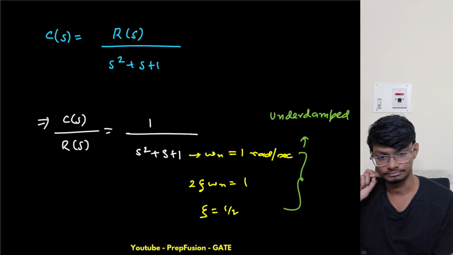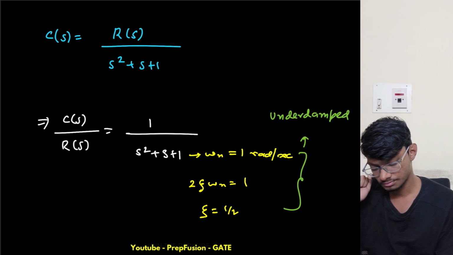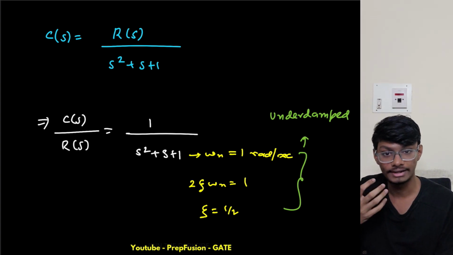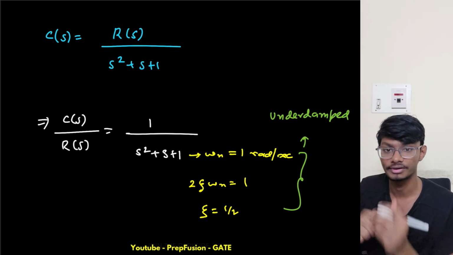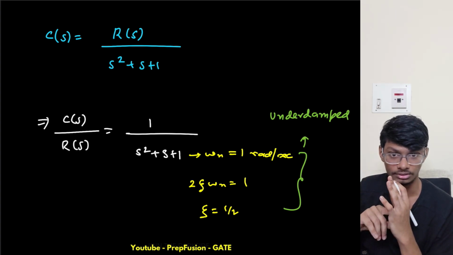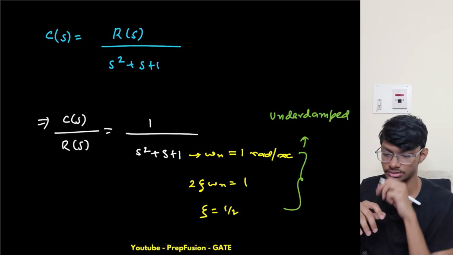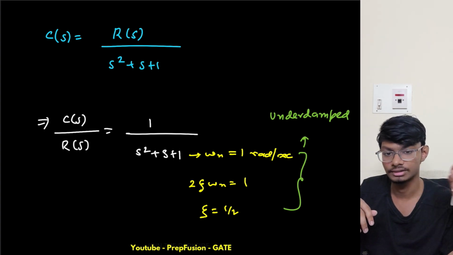Now, can I draw the impulse response? What is the impulse response for an underdamped system? Just try to remember, I hope you remember what we derived during the first few cases. There were oscillations and it ended at 0.